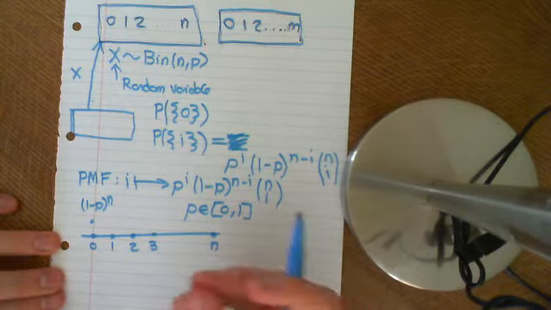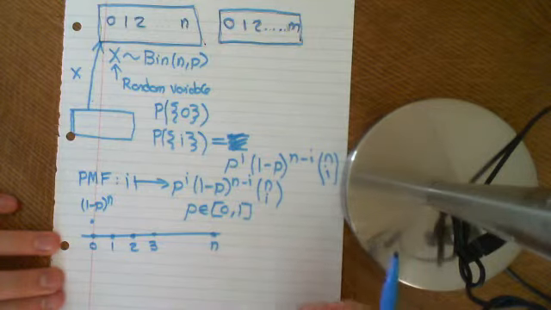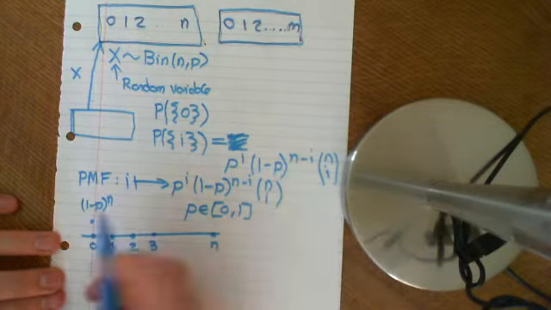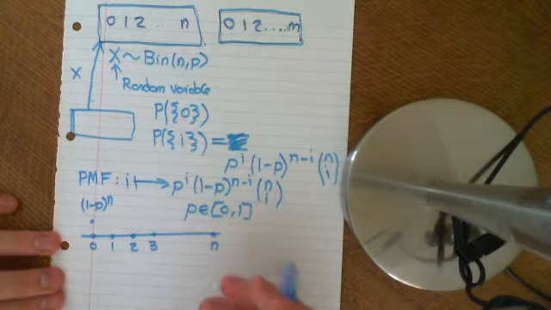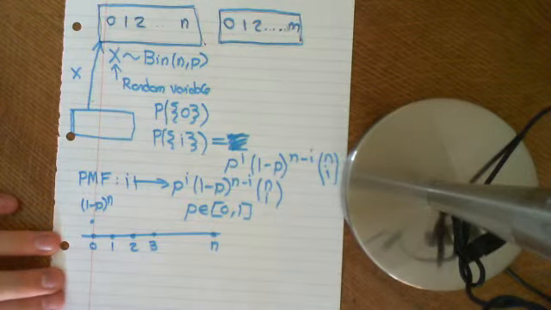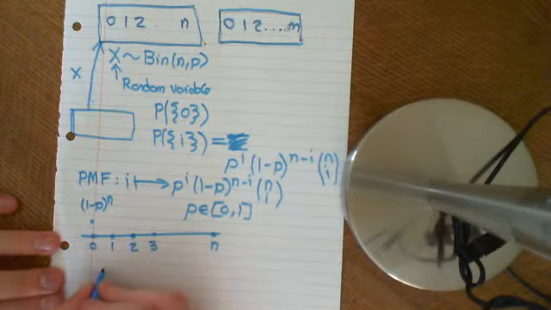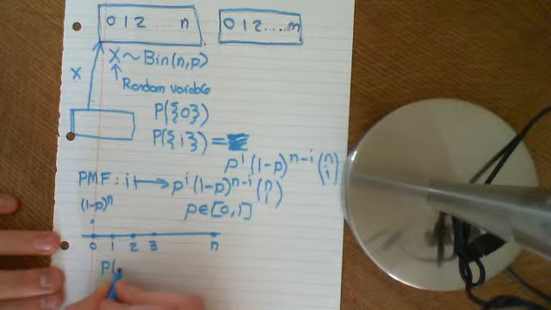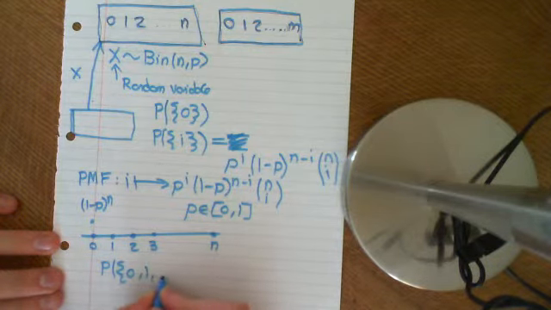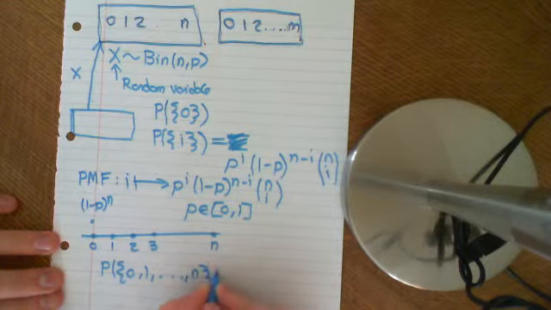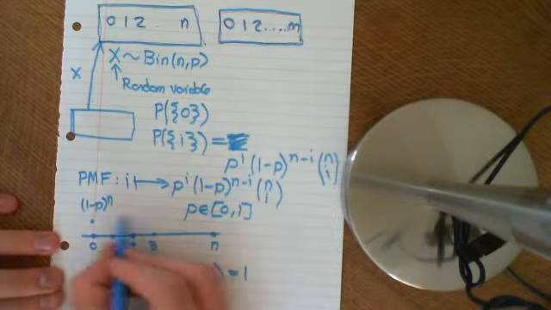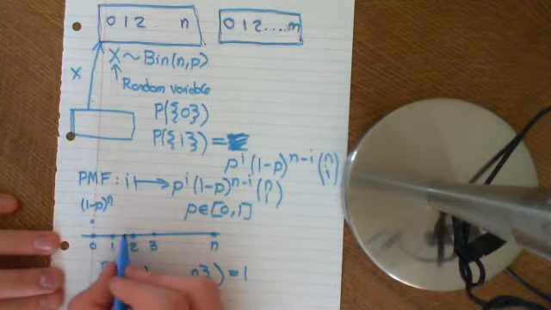So if we define the probabilities on the rest of the events to be given by that process, then it will necessarily obey the countable additivity property. So we just need to check that the probability this ascribes to the whole space, the set containing 0, 1, all the way up to n, is equal to 1, which is just the sum of the PMF of each one of these.